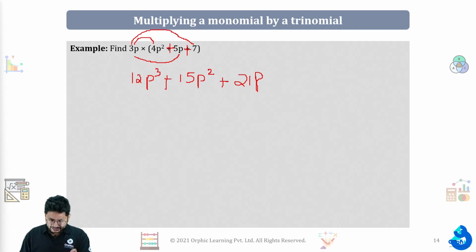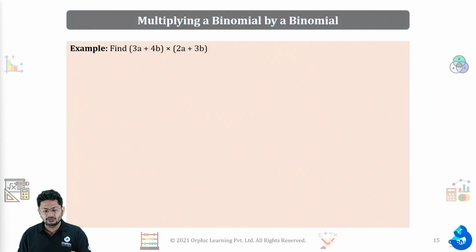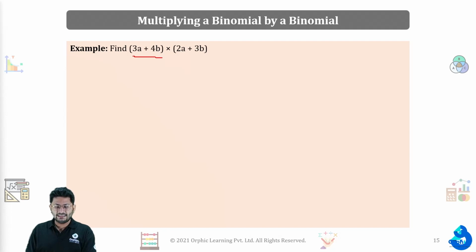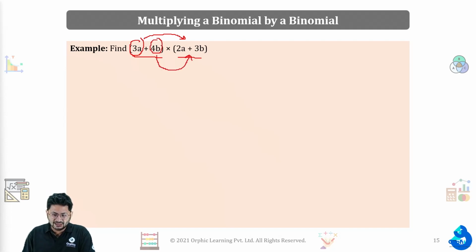Okay. Now in the next question, we are going to do the multiplication of a binomial and a binomial. Okay. So in this, 3a plus 4b multiplied with 2a plus 3b. So how to open the bracket? First of all, multiply this with the entire expression, and then multiply the second term with again the entire second expression.